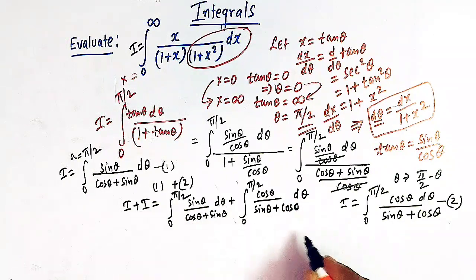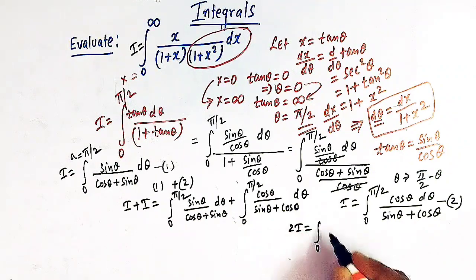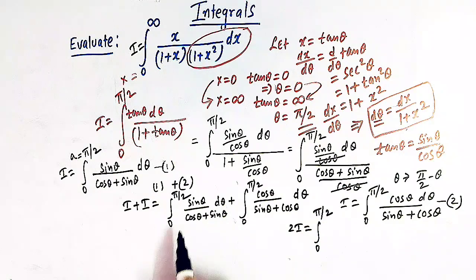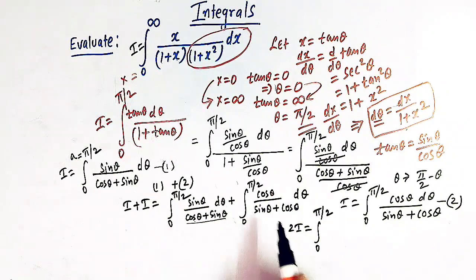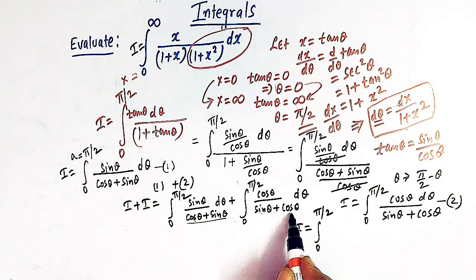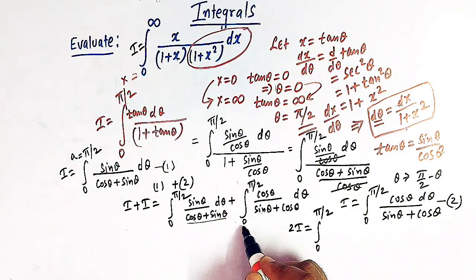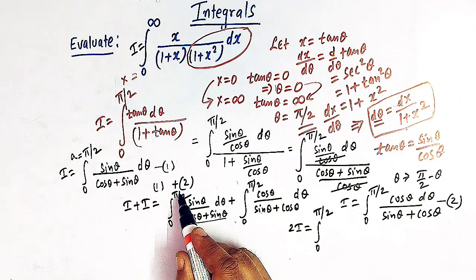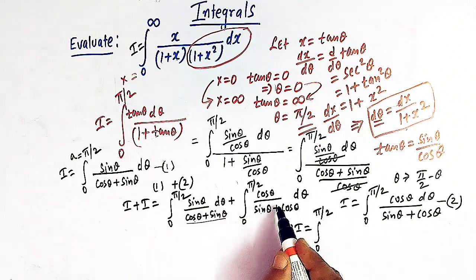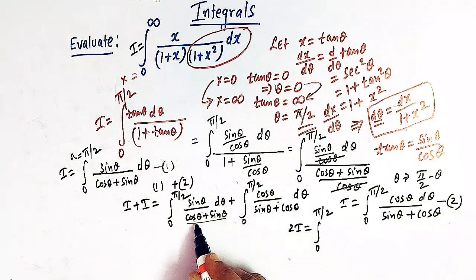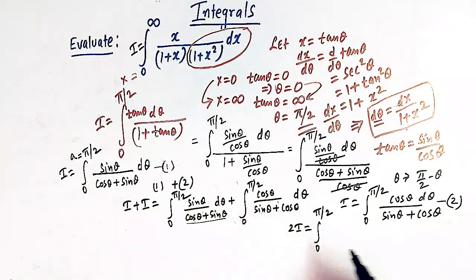So I plus I is 2I, and here we have 0 to pi by 2, and see, here we have sine theta plus cos theta, here also we have sine theta plus cos theta, and the limits of integration are same. So we have 0 to pi by 2, so we can add these two quantities. So the denominators are same, so we can simply add the numerators.